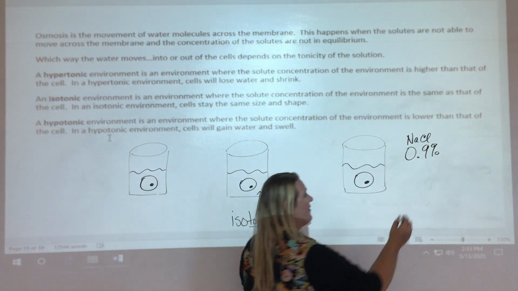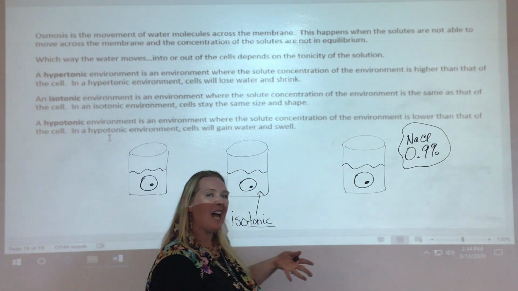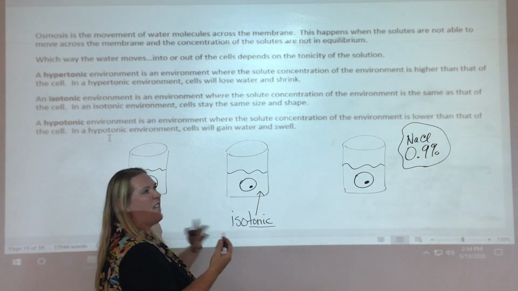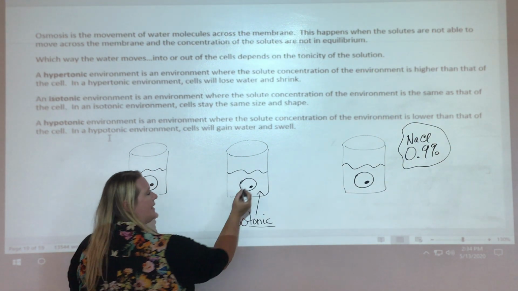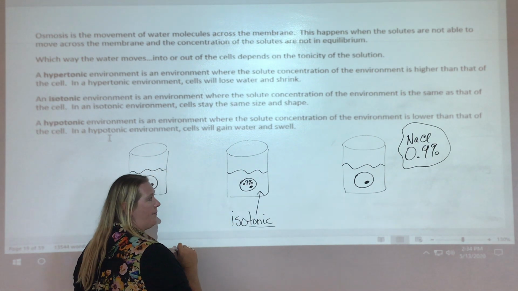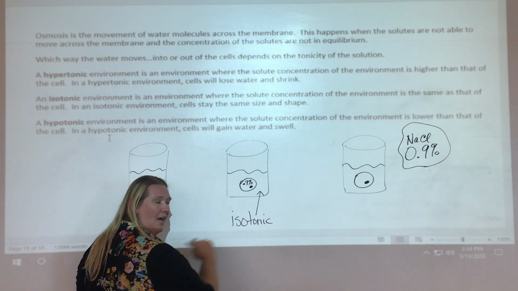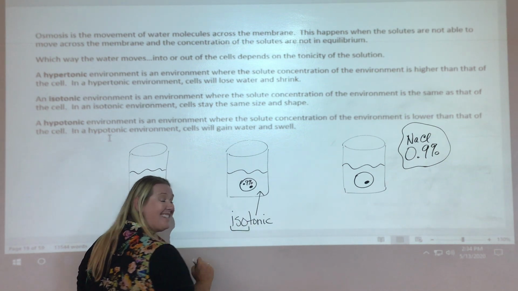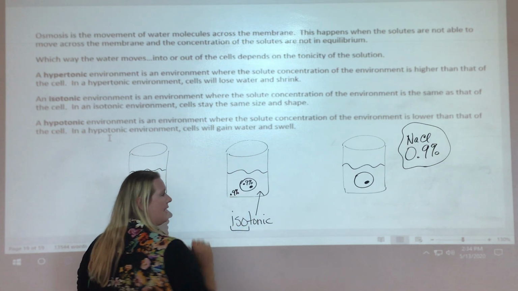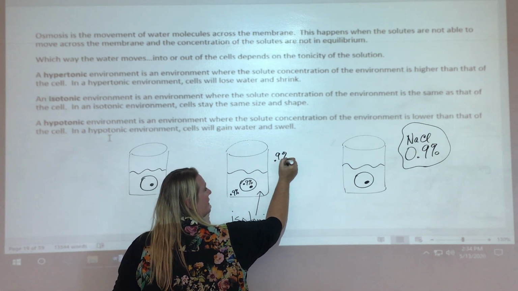So inside of the cell, there's about 0.9%, almost 1% salt, or solid particles. If it's isotonic on the outside, iso means same, so on the outside it's also going to be 0.9% salt.